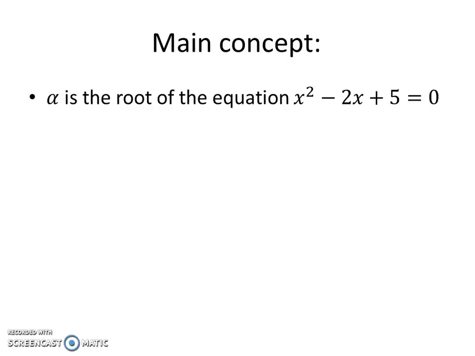Now, the main concept behind this question is targeting this statement: alpha is a root of the equation x squared minus 2x plus 5 equals 0. What does this mean?